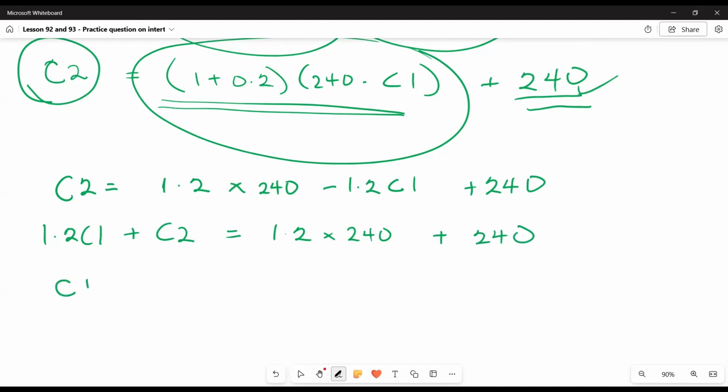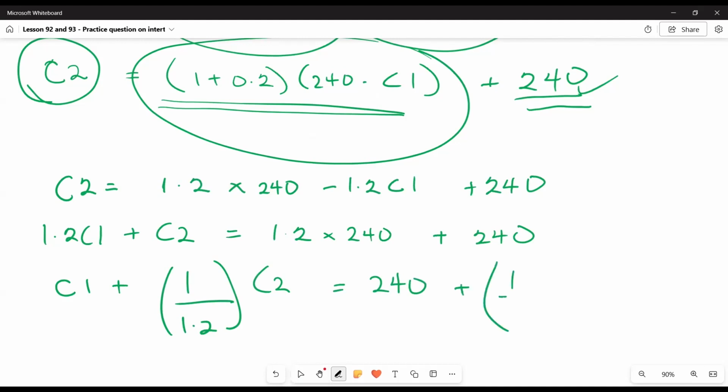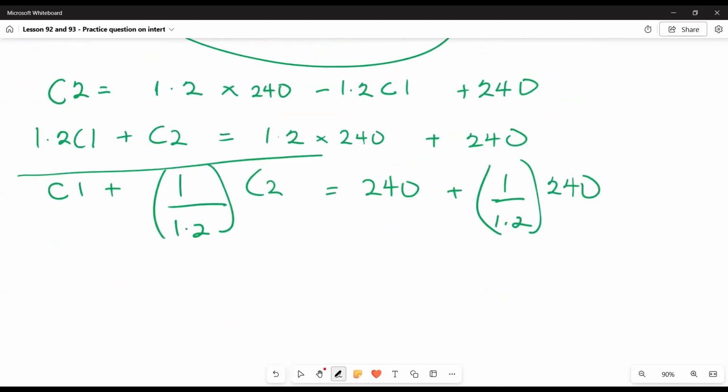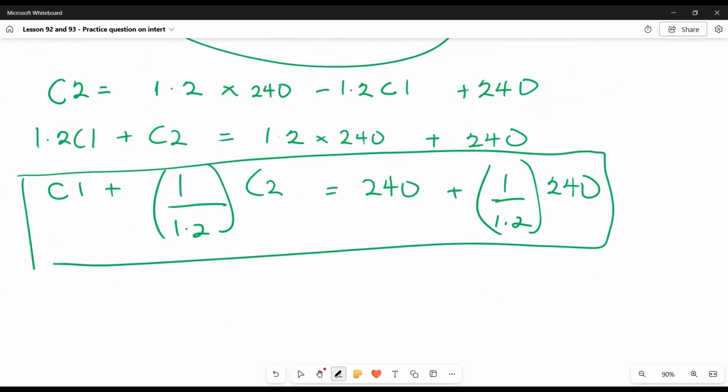Then we have C1 plus 1 divided by 1.2 multiplied by C2 being equal to 240 plus 1 over 1.2 multiplied by 240. Now this function here is called Nate's intertemporal budget constraint.